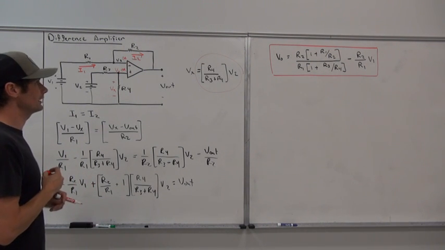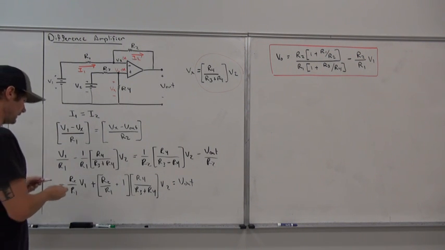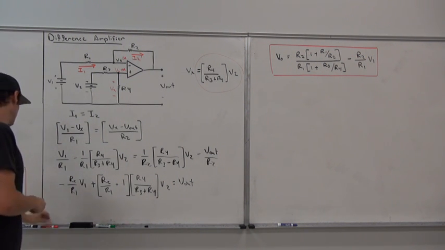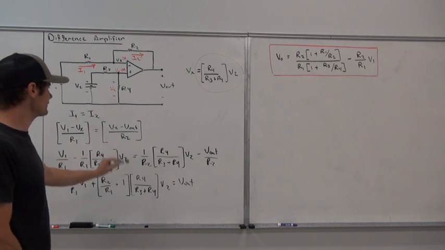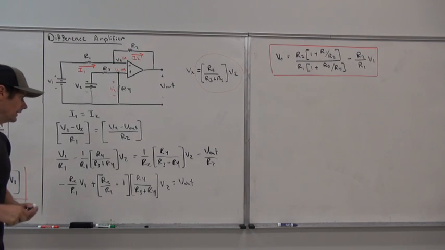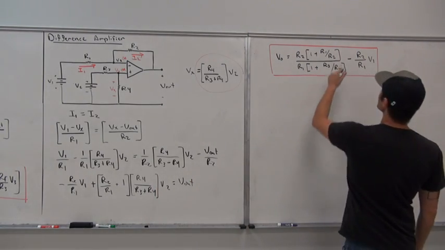So in this case, I1 is equal to I2, and so (V1 minus Vx) over R1 is equal to (Vx minus Vout) divided by R2. And let me make a quick little correction right here.